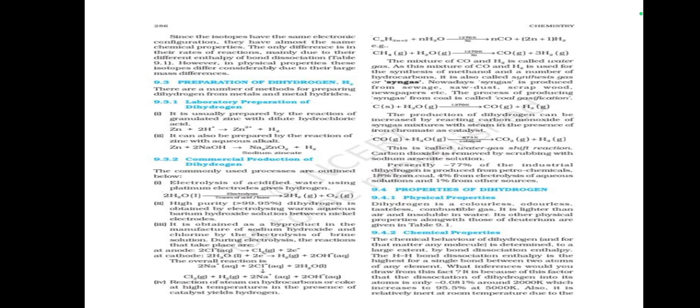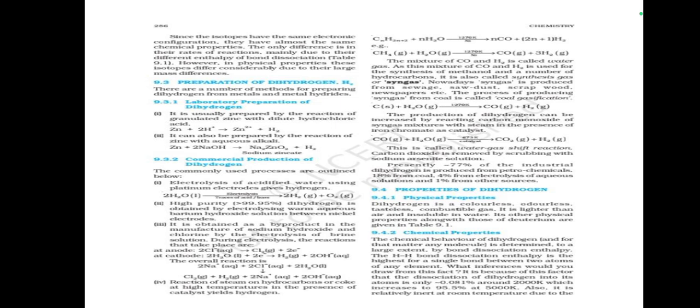Carbon dioxide is removed by scrubbing with sodium arsenite solution. Presently, about 77% of the industrial hydrogen is produced from petrochemicals, 18% from coal, 4% from electrolysis of aqueous solutions, and 1% from other sources.